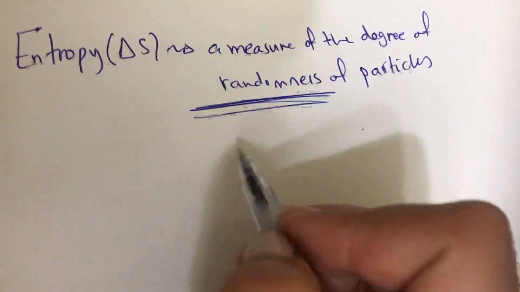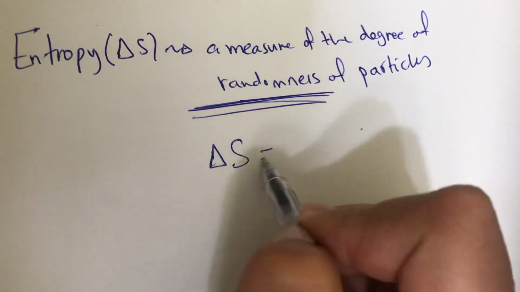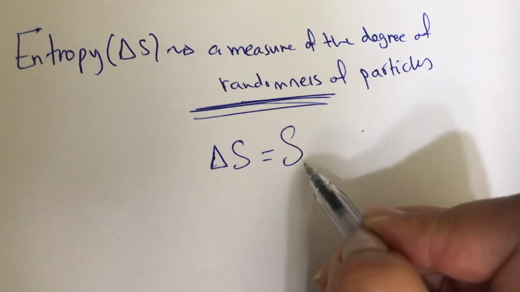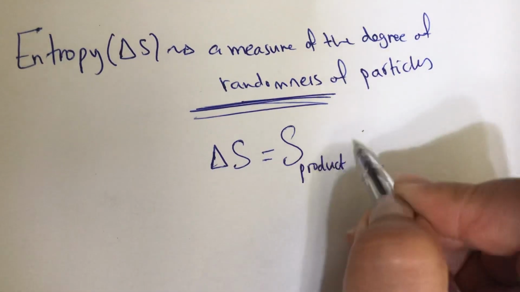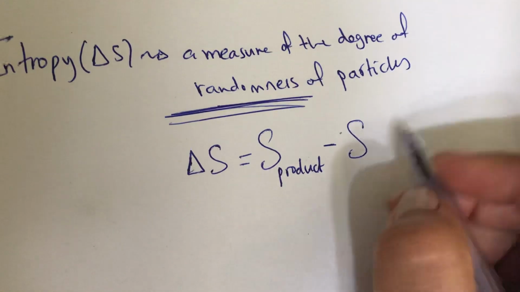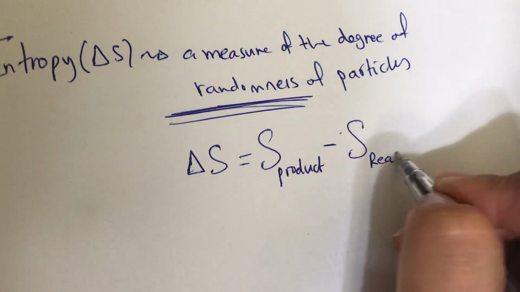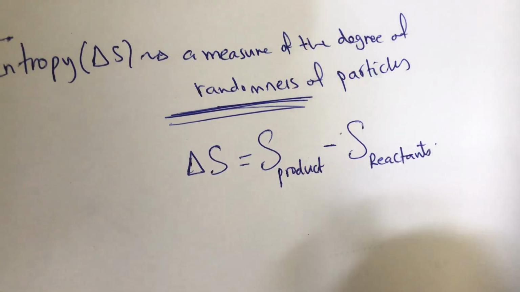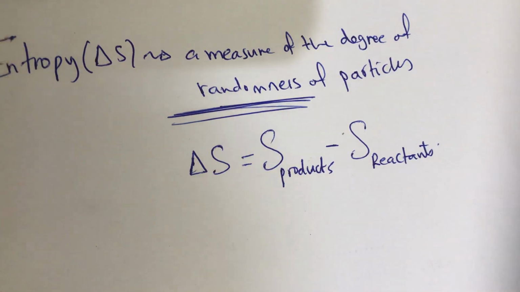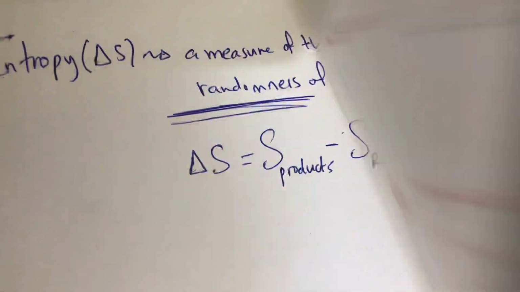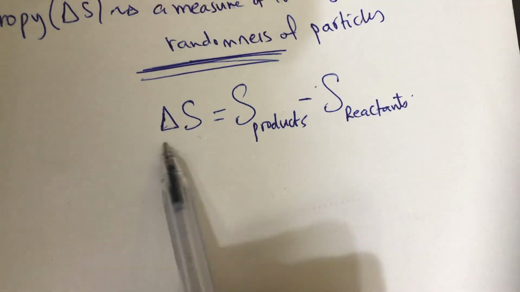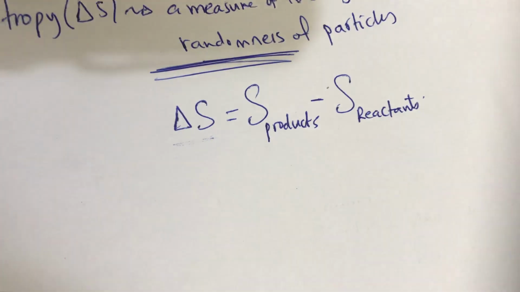The rule is delta S equals the entropy, or randomness, of products minus the randomness of reactants. It's like enthalpy: enthalpy means change of energy, and here delta S means the change in randomness of particles.